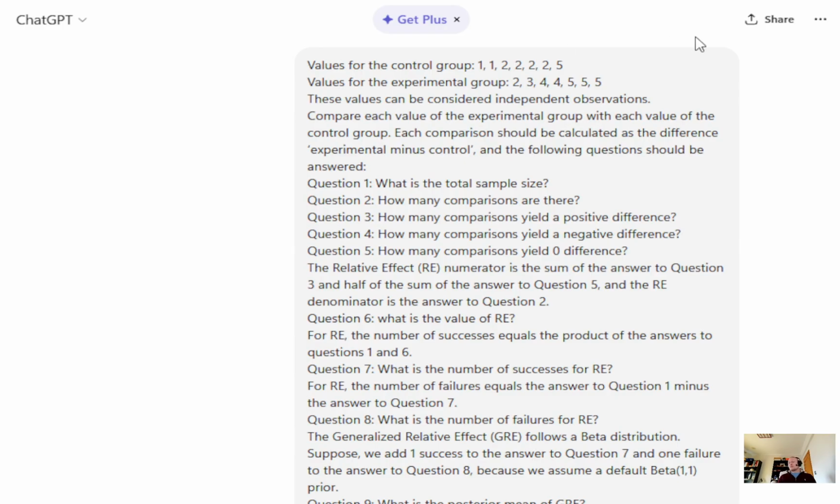Now, one final note: if you are an R user like myself, or a Python user, then you will have code for something like this, which you can just reproduce for different problems, and it will run in seconds. If you use programs like ChatGPT, it will take a little bit longer.